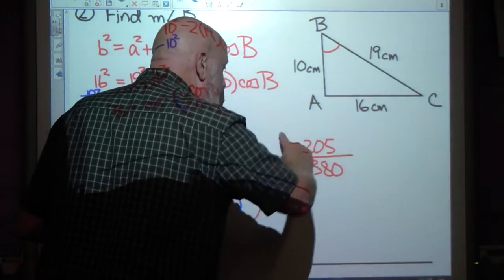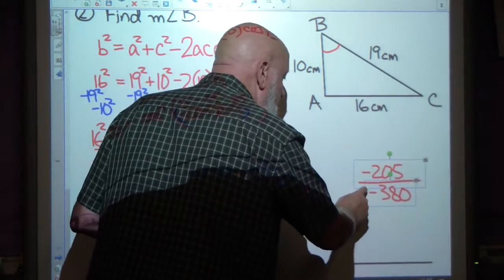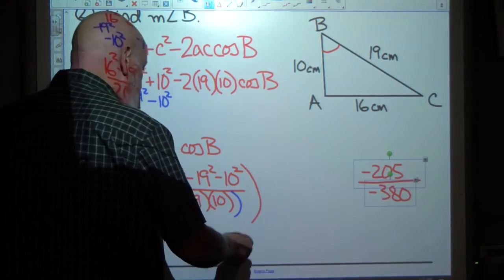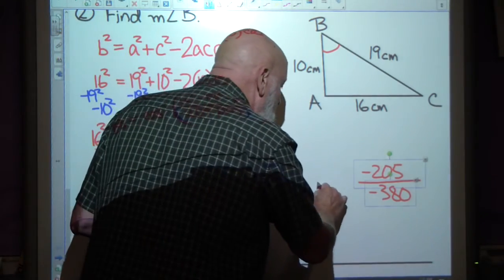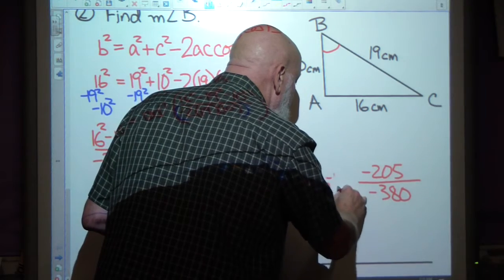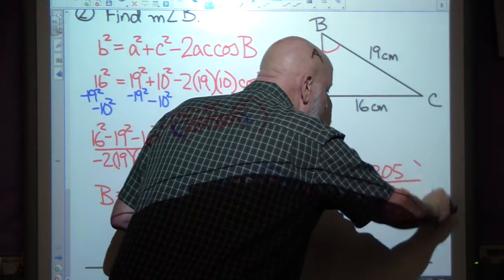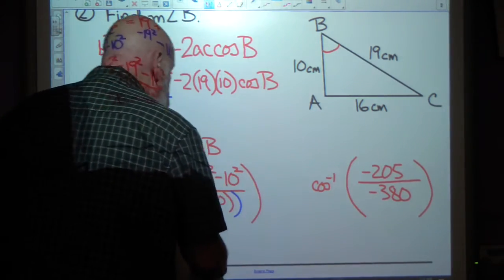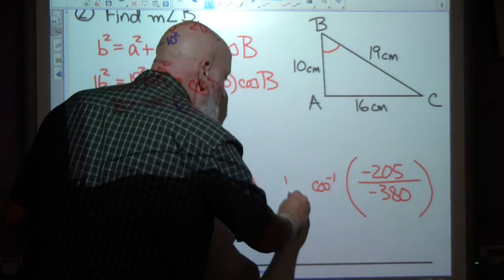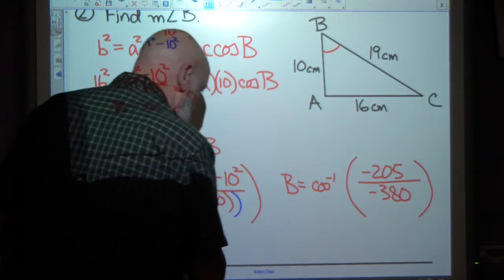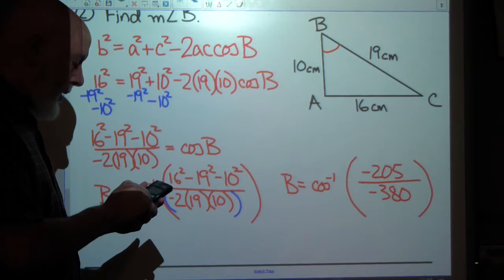So now what I'm thinking is, think of this as a thought bubble, or you can actually write it like this if it makes you more comfortable. The inverse cosine of this will give me b. So let's see what we get there.